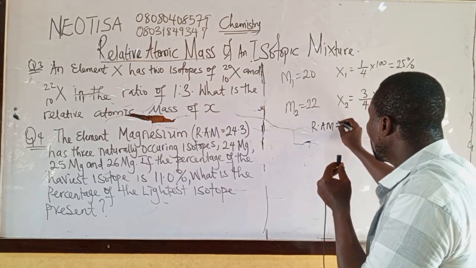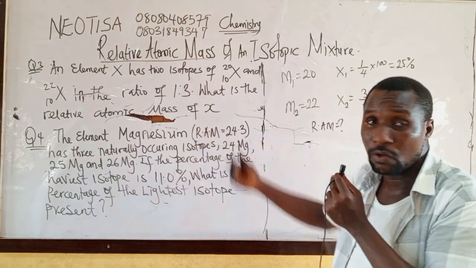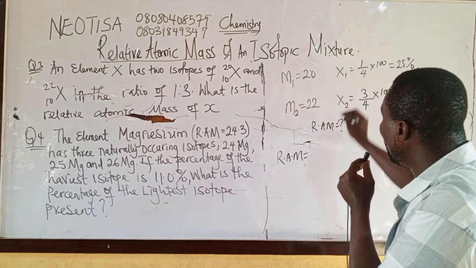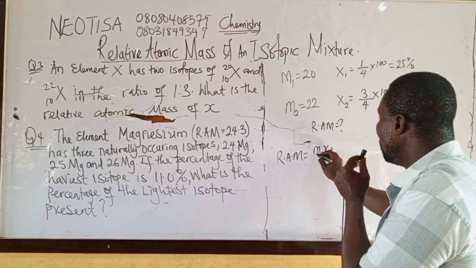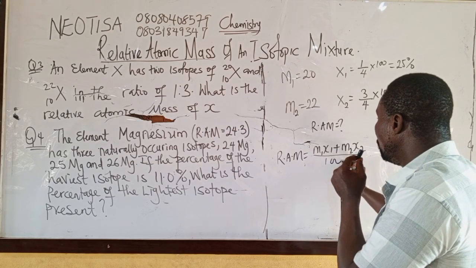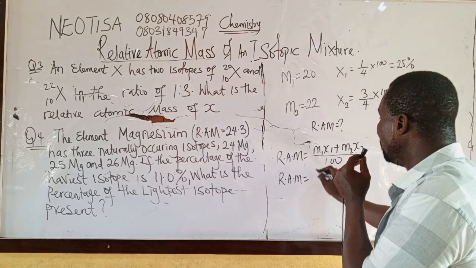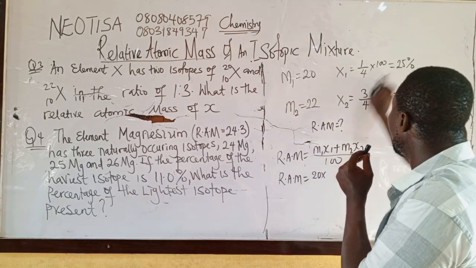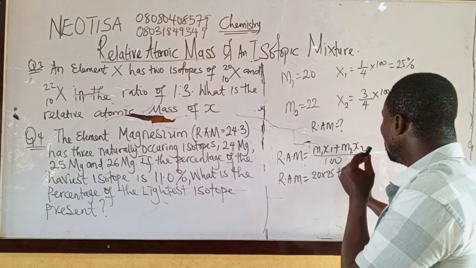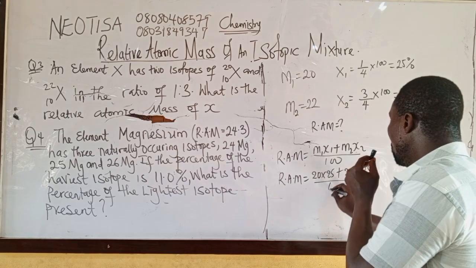RAN, relative atomic mass, is what they want you to calculate, the unknown. Therefore, relative atomic mass equals M1 X1 plus M2 X2 over 100. Relative atomic mass equals M1 20 times X1 25 plus M2 22 times X2 75 over 100.